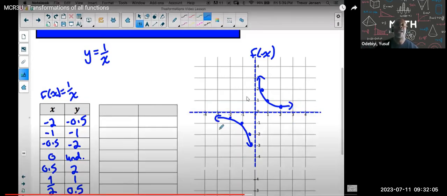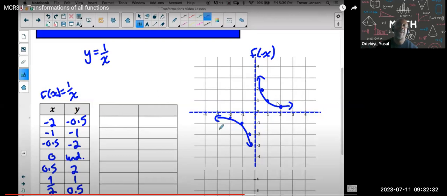So now I just forgot to mention that when you look at this, y can never equal 0 as well. So you have an asymptote at the y-axis because the curve can never cross the y-axis, and you have an asymptote at the x-axis, so it can never cross the x-axis.